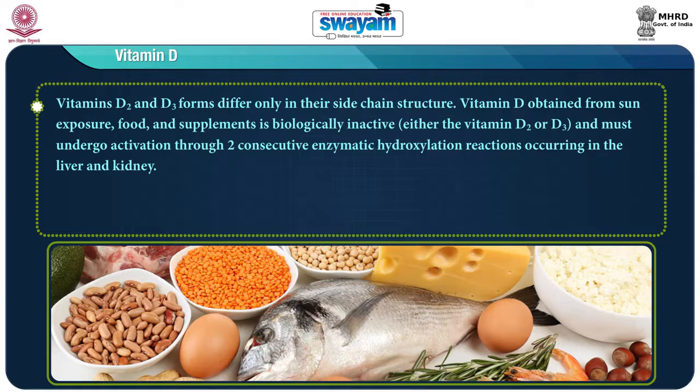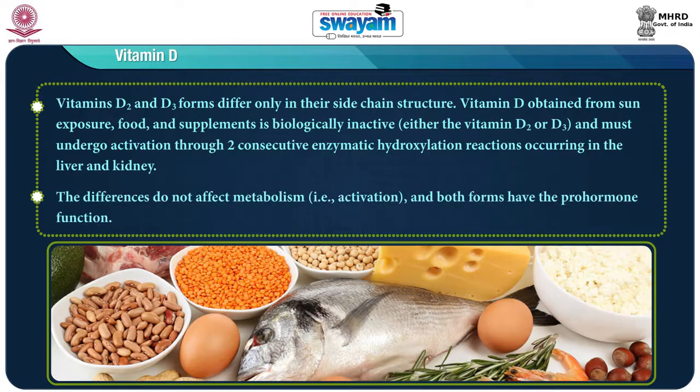Vitamin D obtained from sun exposure, food and supplements is biologically inactive, either vitamin D2 or D3, and must undergo activation through two consecutive enzymatic hydroxylation reactions occurring in the liver and kidney. The differences do not affect the metabolism, that is activation, and both forms have the pro-hormone function.